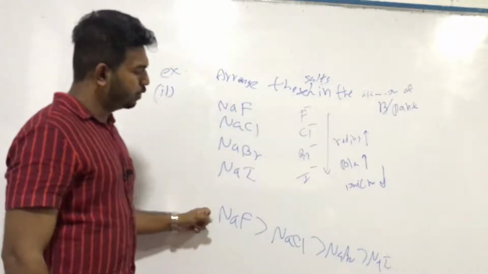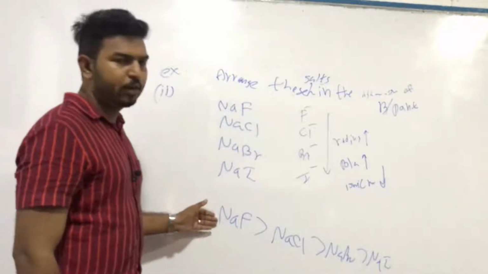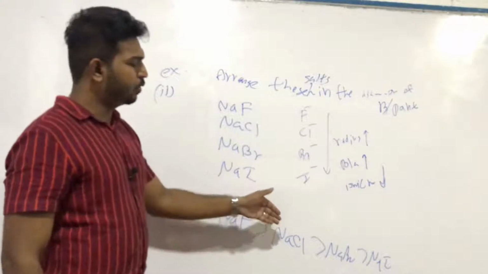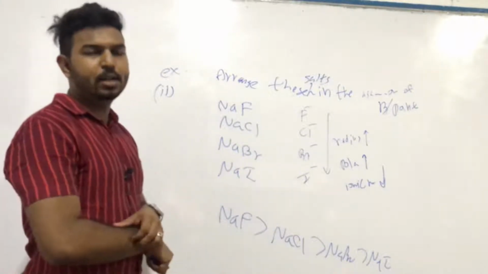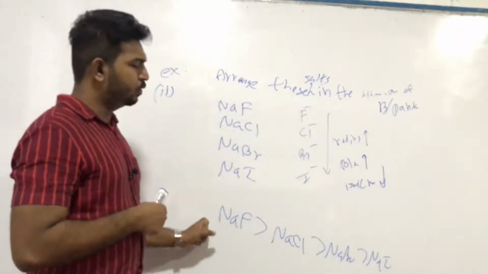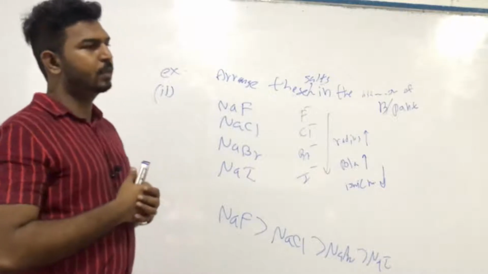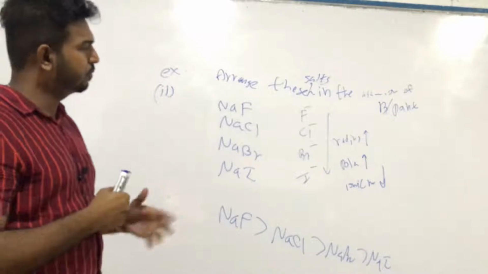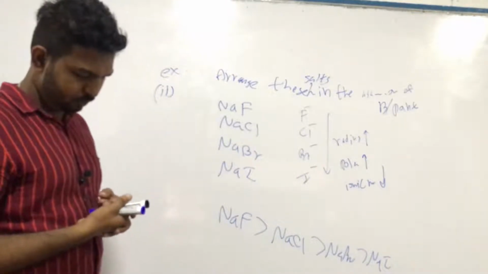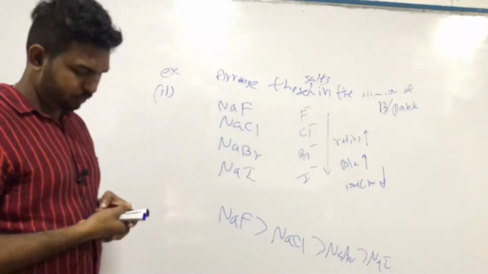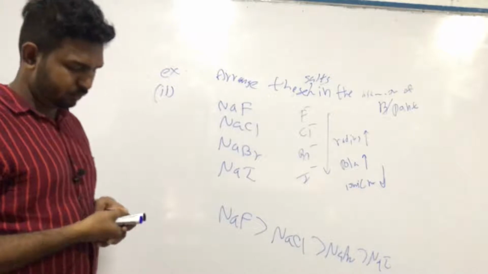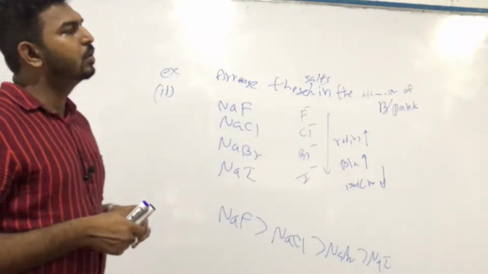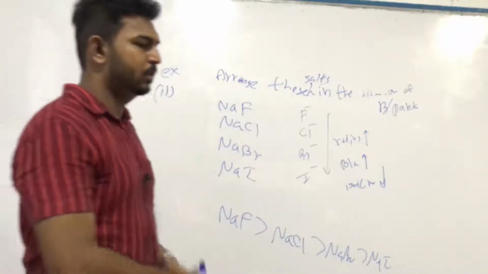So they show this arrangement. Sodium chloride has the highest boiling point, then sodium bromide and sodium iodide. Please show this arrangement quickly.